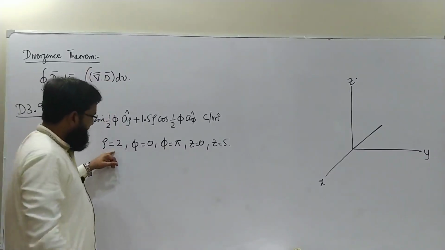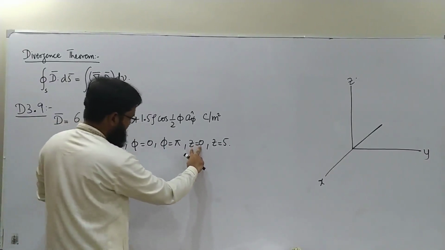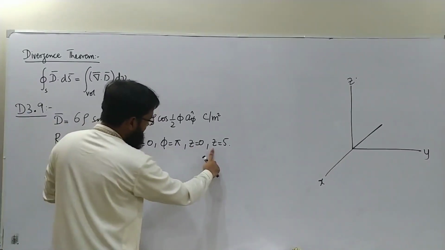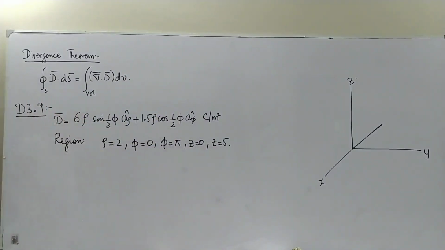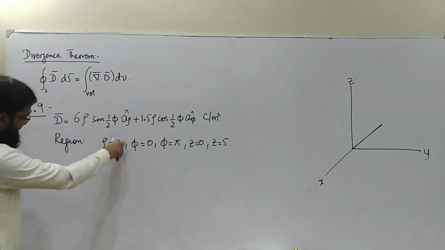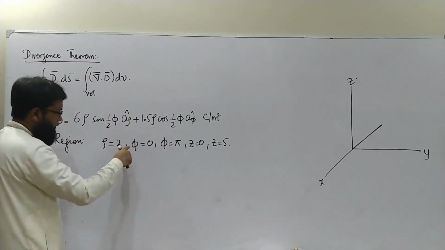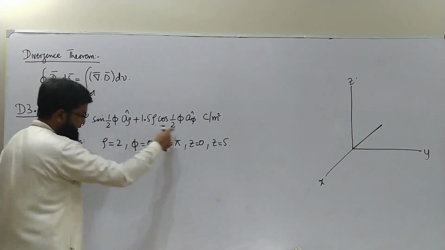So from the bottom, this cylinder is covered by z equals 0, okay, fine, the xy plane, and on the top it is covered by z equals 5. But it also says that we are not interested in the whole of this cylinder, rather we are interested in that portion of the cylinder which has values of phi from 0 to pi.